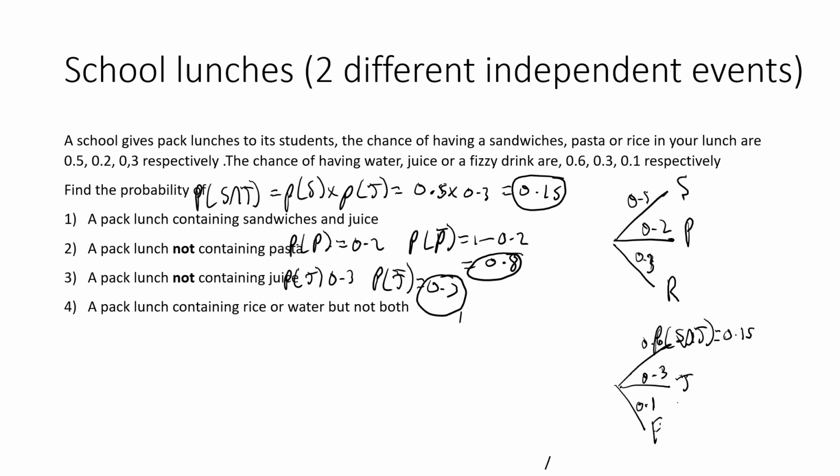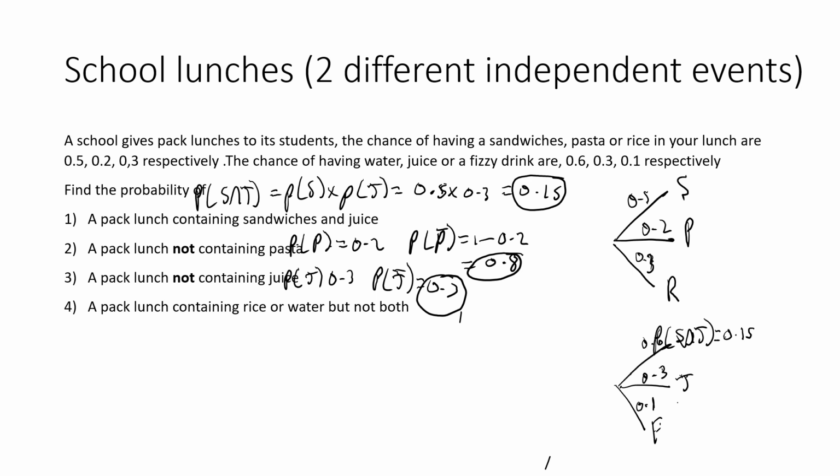Now this last one is a bit tricky, but it requires us finding 4 probabilities of 2 events happening. Those events are a packed lunch containing sandwiches and water, a packed lunch containing pasta and water, a packed lunch containing rice and juice, and a packed lunch containing rice and a fizzy drink.